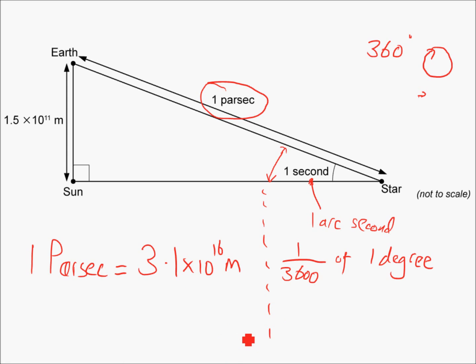So these are huge distances, and the reason we do this is because it's easier for astronomers to deal in these large units and in these small arc seconds. These are the tools that the astronomer uses. They've got no need for kilometers, because a kilometer is way too small to be practical. They've got no need for whole degrees, because they're way too big. If you're doing parallax, you need arc seconds and you need parsecs.